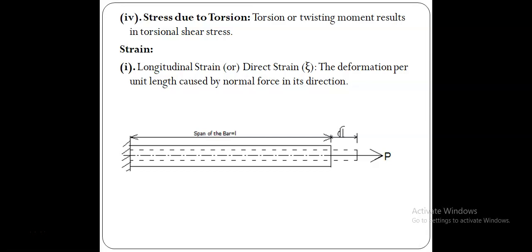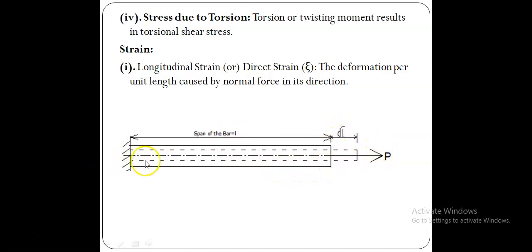This longitudinal, direct or linear strain can be defined as the deformation per unit length caused by normal force in its direction. Suppose this is the axis of this member. If you apply the force along this axis of the member, this member is deformed along this axis, let it be delta L.